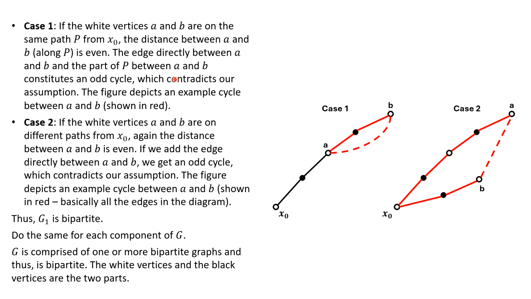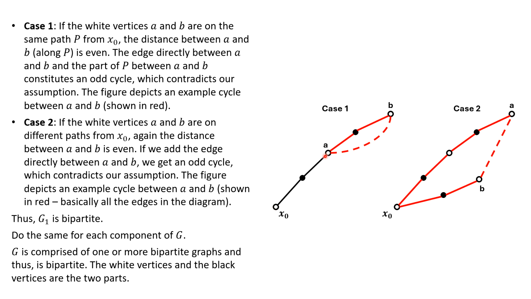So we have the two cases I mentioned on the previous slide, and I've drawn them here. If the white vertices A and B are on the same path P from x sub 0, in other words, this path here, the distance between A and B along P is even. In other words, the distance from A to x sub 0 is even, and the distance from B to x sub 0 is also even.